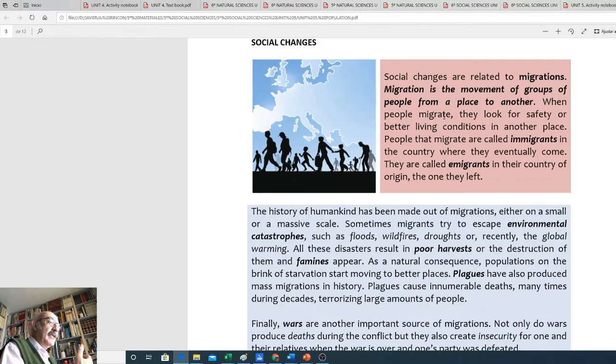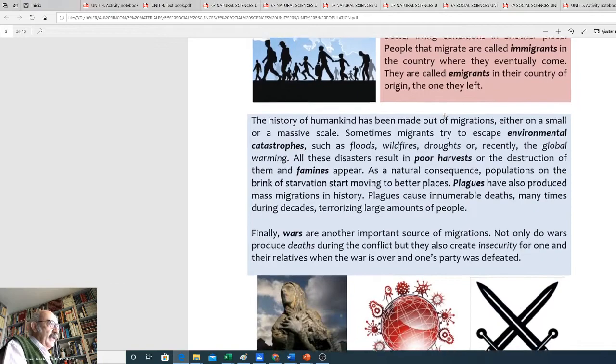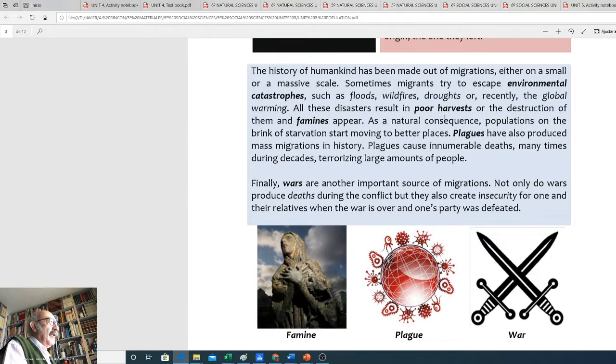And emigrants are people from this very country that are forced to go abroad to make a living. This is important. And as you can see there, the history of humankind has been made out of migrations, either of a small or a massive scale.